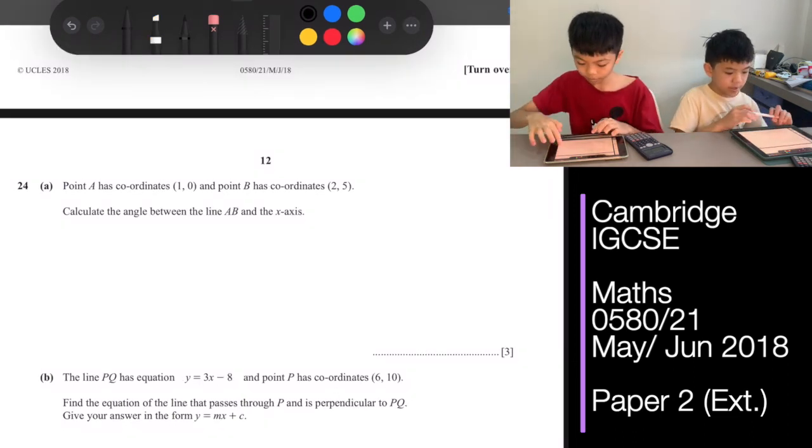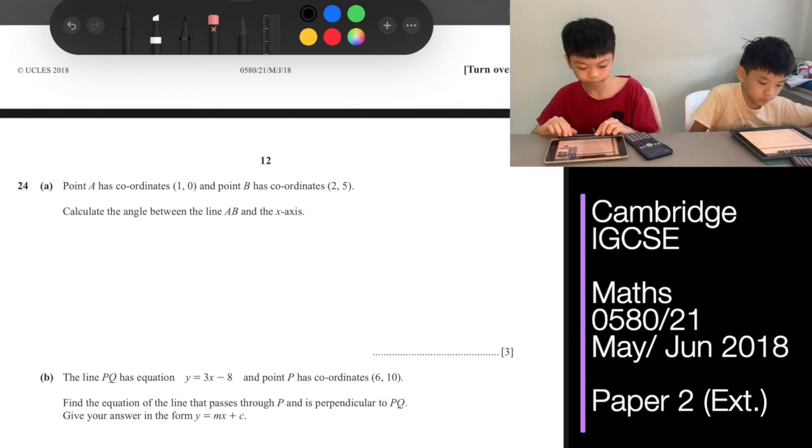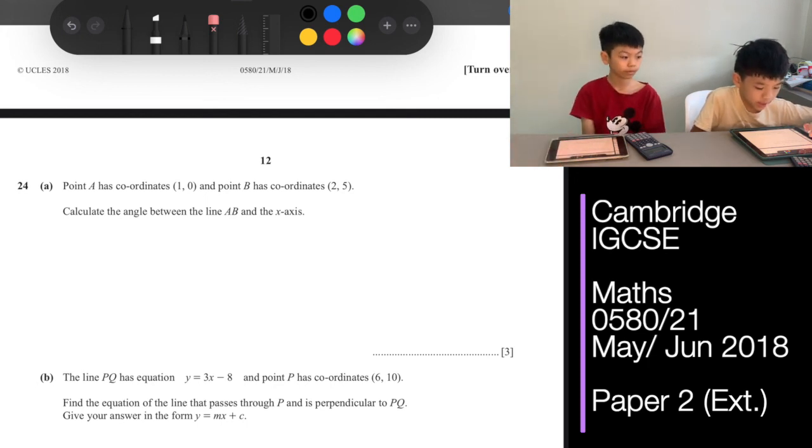Okay, for question 24a, point A has coordinates 1, 0, and point B has coordinates 2, 5. We need to calculate the angle between the line AB and the x-axis.